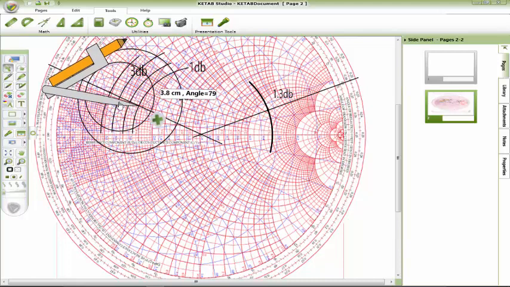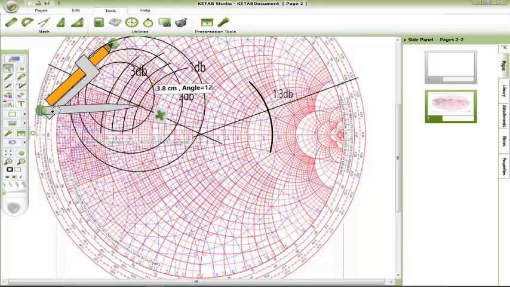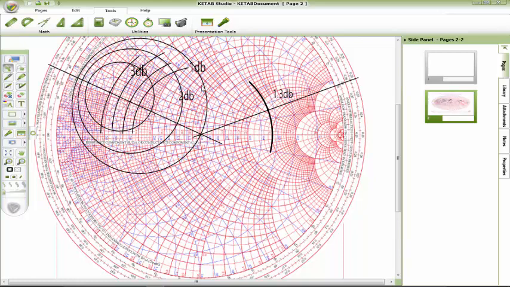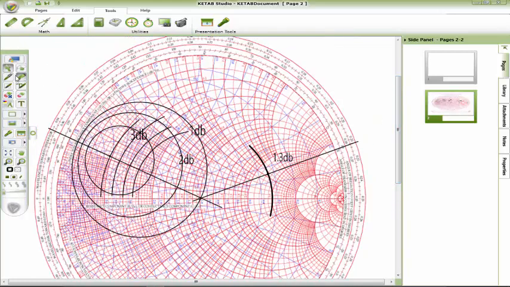The same radius is here and we draw the circle. So this is the 0 dB circle. The 0 dB circle means that we have no gain here. This is the match point intersection with the circle. This circle has a 0 dB gain.